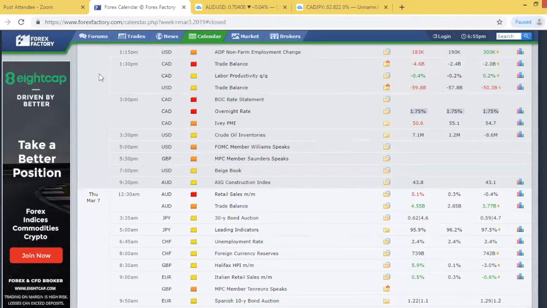And this is what we were looking at, guys. We were looking at the negative GDP figures month on month that came out for the Canadian dollar 2 months in a row. At the end of March, on March 29th, if they come out negative once again, then Canada will be in a recession.